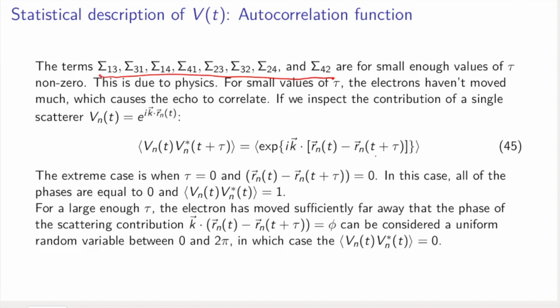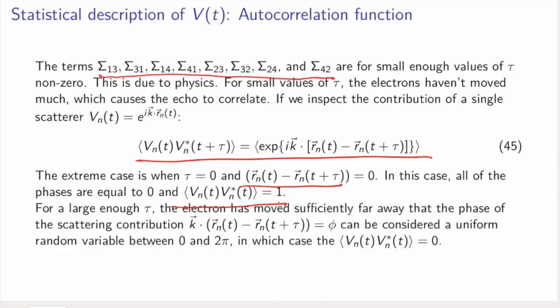If we inspect the contribution of a single scatter, Vn of t, shown in equation 45, we can see that for small values of tau, the term Rn of t minus Rn of t plus tau can be very small. In the extreme case, when tau equals 0, the electron has not moved at all, and equation 45 evaluates to unity.